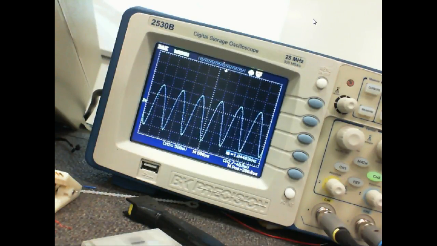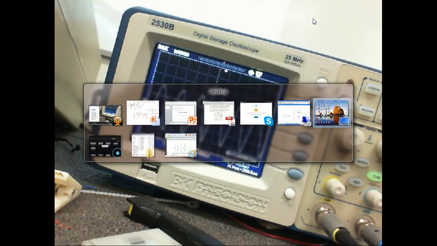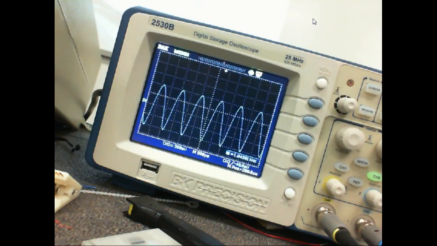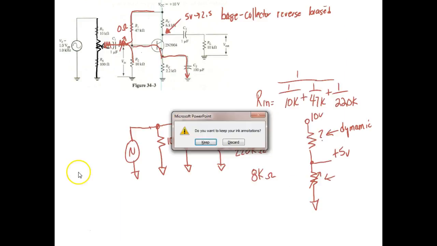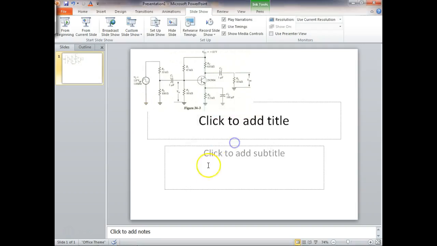But when I adjust that series resistor right there, see, every time I come back, it's exiting me out of that.